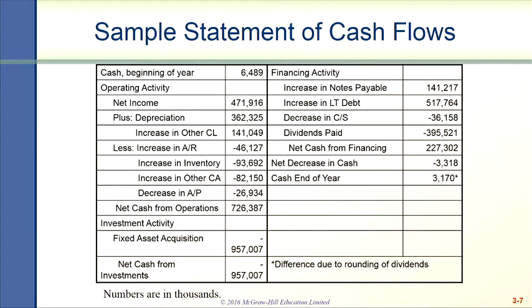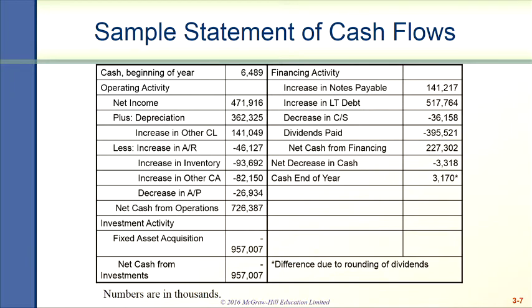That's the implication. We also look at the increase in inventory. Inventory also went up. If you find the difference, closing minus opening, we have 93,692, which means there's an increase. So asset goes up, cash goes down. That's why 93,000 was reported as a negative figure.